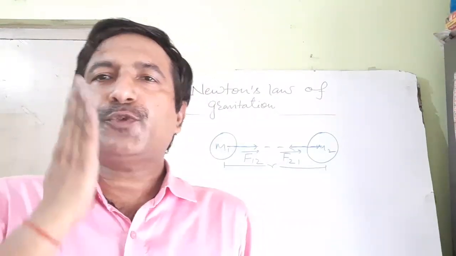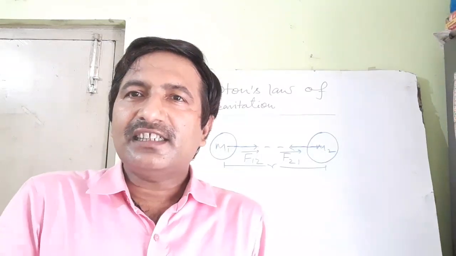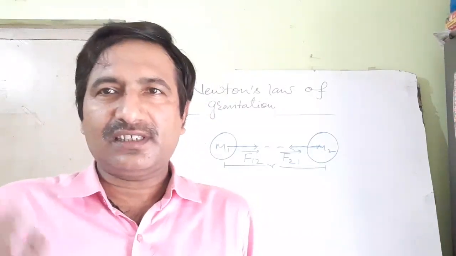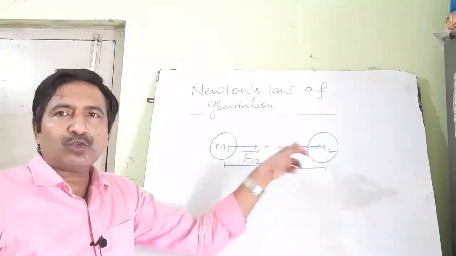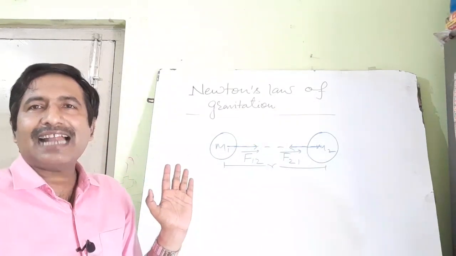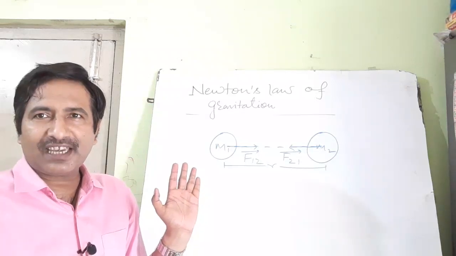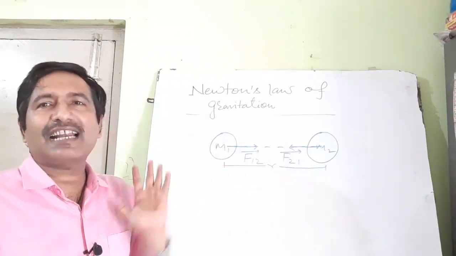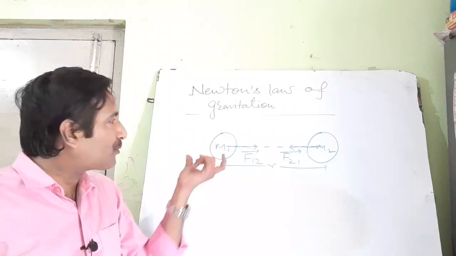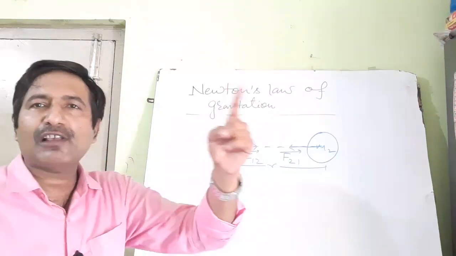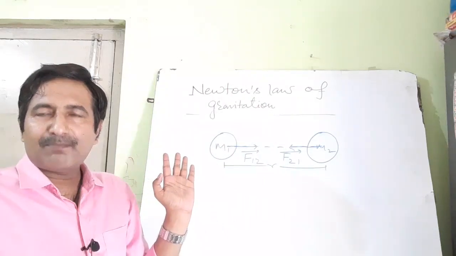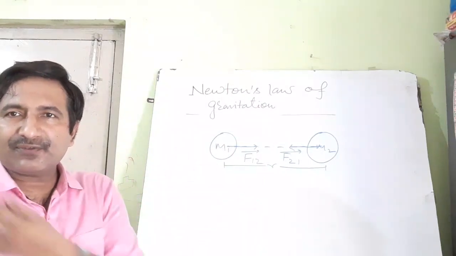F21 means force on the second body applied by the first body. From this diagram you can observe that F12 and F21 are in opposite directions, but their magnitudes are equal. Suppose F12 is 2 Newton, F21 will also be 2 Newton, but their directions will be different.